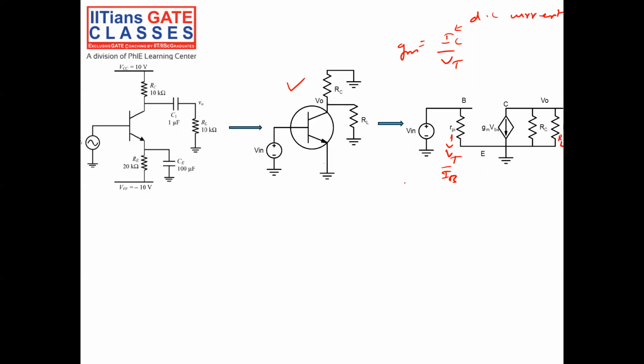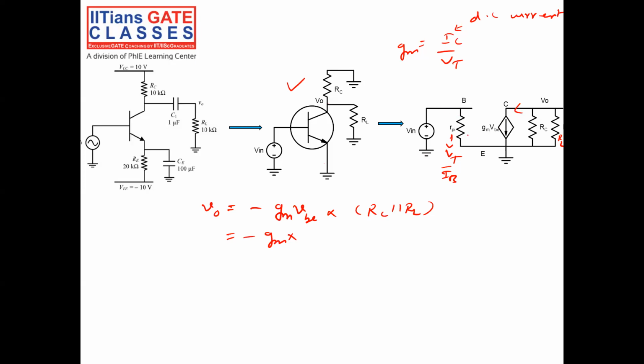Okay. So now you see V0, which is the AC voltage at the output, will be minus gm into Vb, which is the current, into the resistance, which is RC parallel to RL. That is equal to minus gm into Vb.